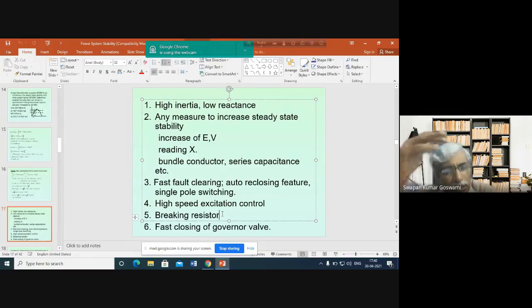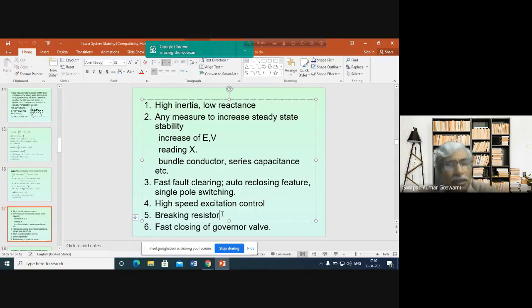So when this situation is happening, these braking resistors will be connected at the terminal of the generator through the action of the circuit breaker. As a result, the generator will see as if some load has been connected at this terminal, and it will deliver power to the load, that is this braking resistor, and as a result, the acceleration of the generator will be restricted.